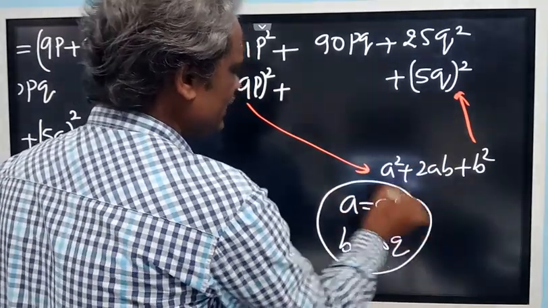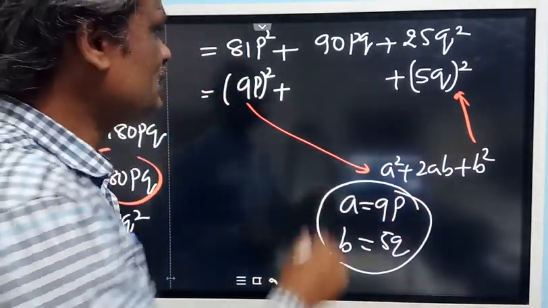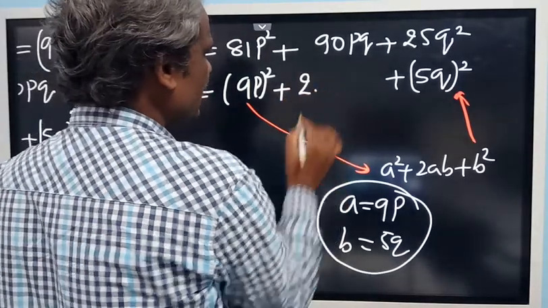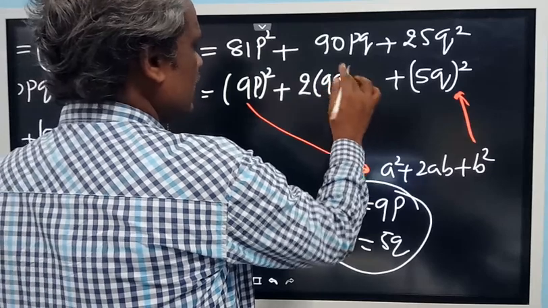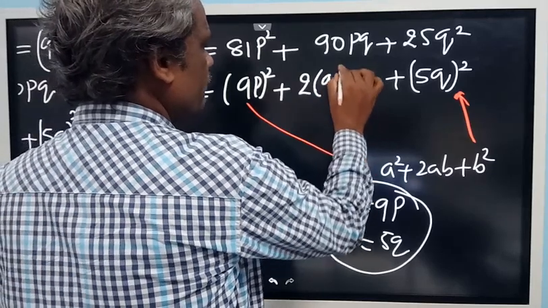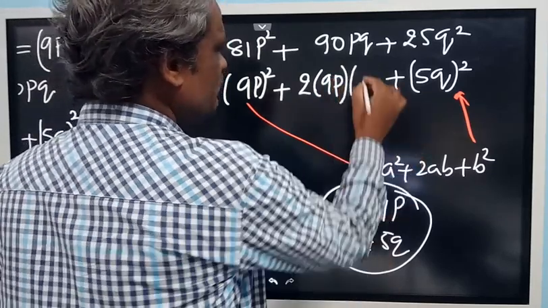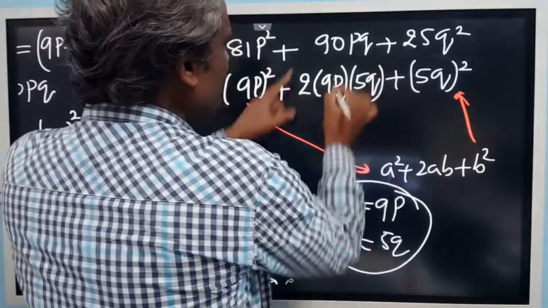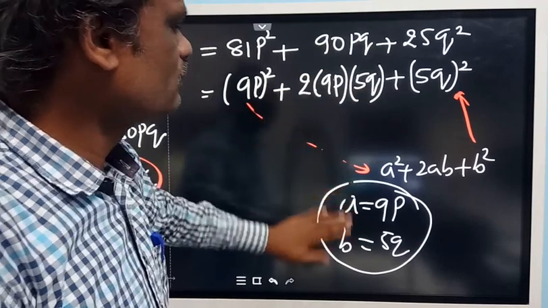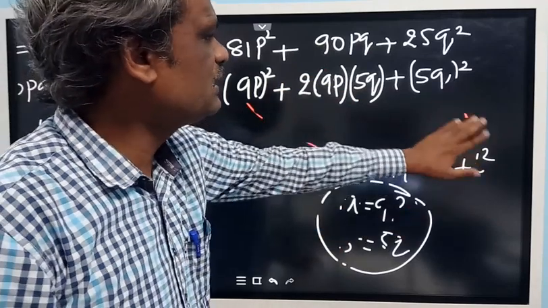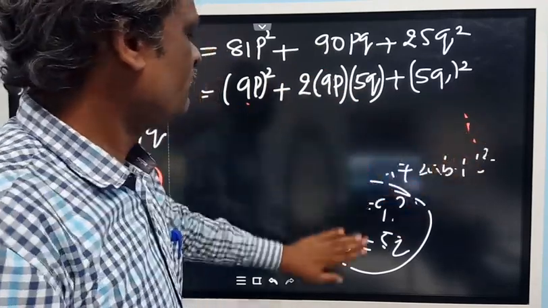You need to apply here at the middle of this expression now. 2 into a value it is 9p, into b value it is 5q. So if you multiply, you will get this middle term. 2 5s are 10, 10 9s are 90. So 90pq.